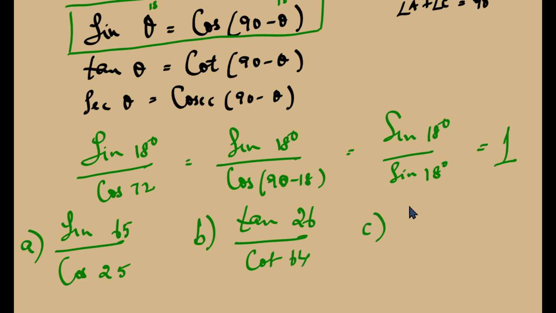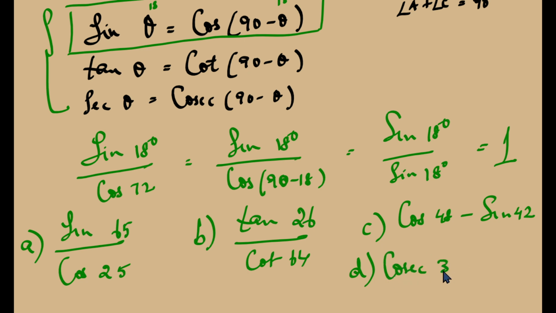And the other one, cos of 48 minus sine of 42, right? I recommend that you try all these problems using these complementary angles, whatever we have found. Cosecant of 31 minus secant of 59. In each of the problems, you see that the angles mentioned are complementary angles, 31 plus 59, 48 plus 42, etc. So you can conveniently use these ratios, the complementary angles, to arrive at an answer. I hope you followed. Thank you.